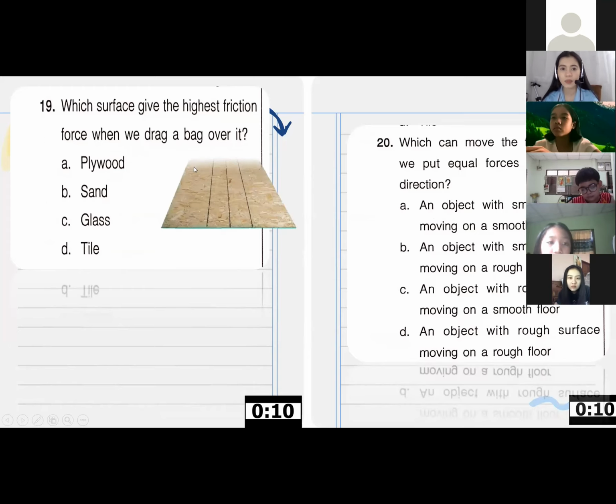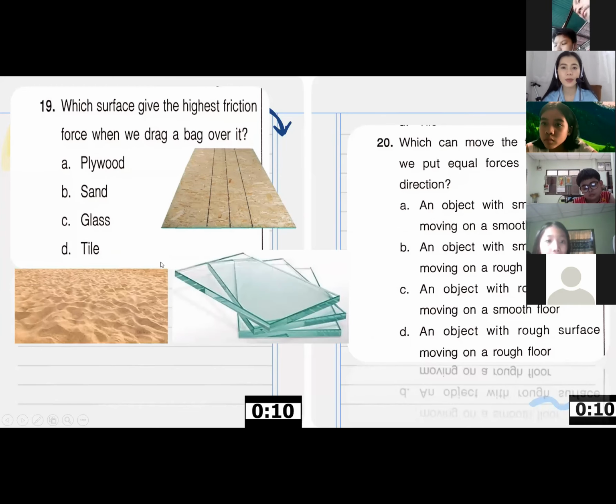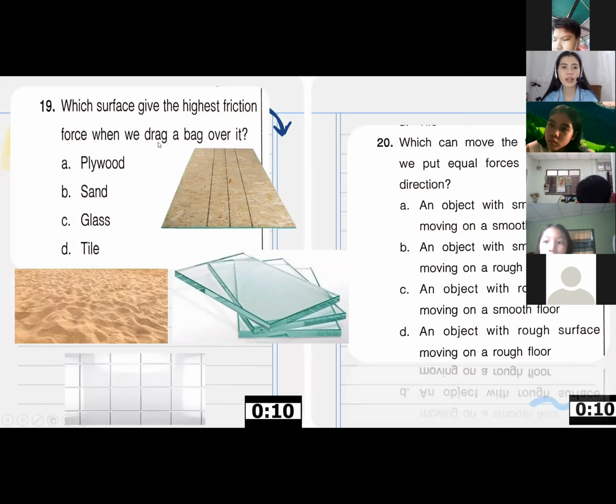Is it A, plywood? Can you see the pictures? B, sand. C, glass. Or D, tile. Class, what is the roughest surface? Which one is the roughest surface? Rough in Thai is rough.